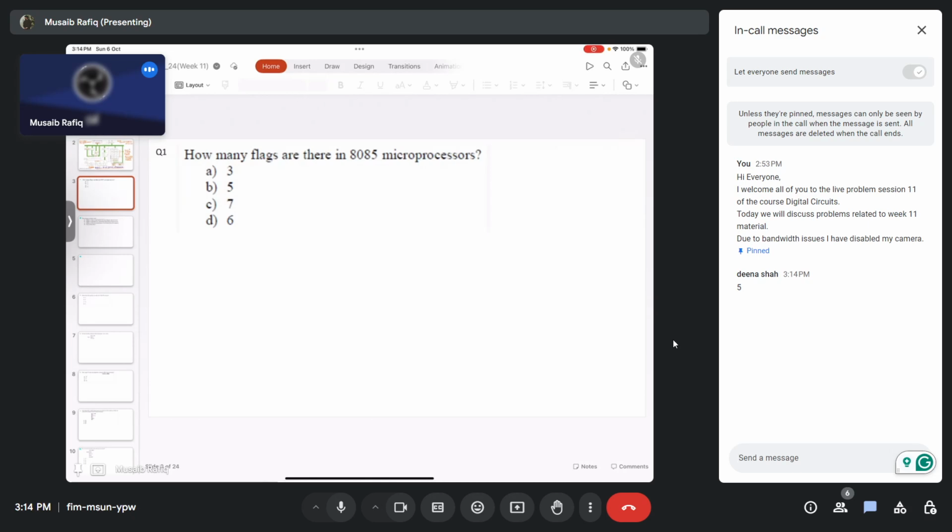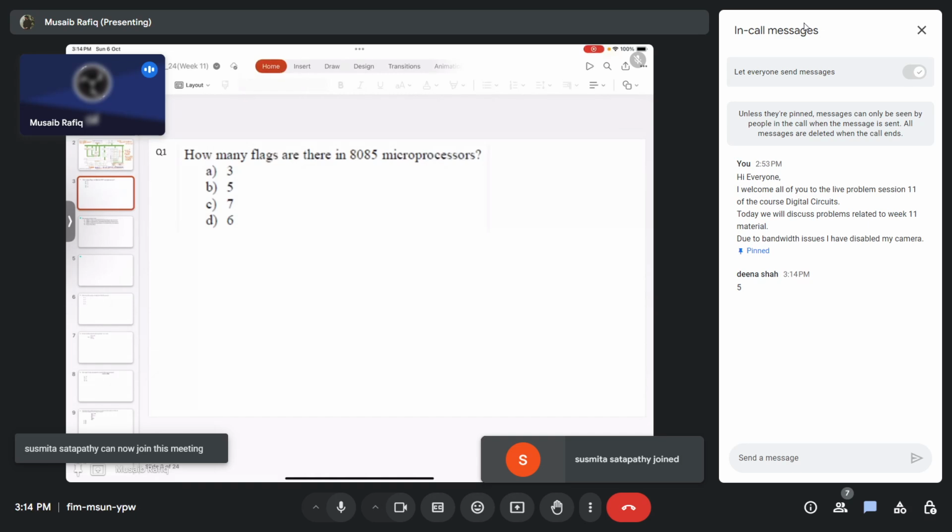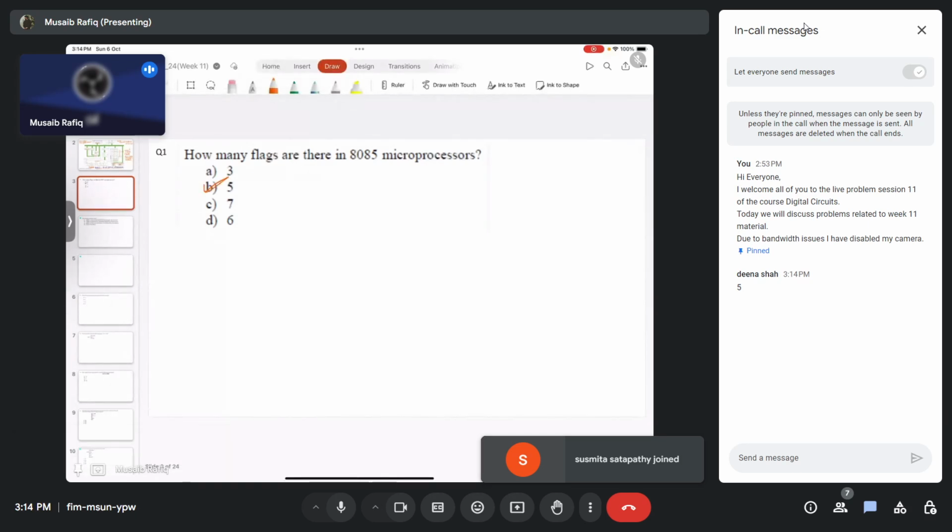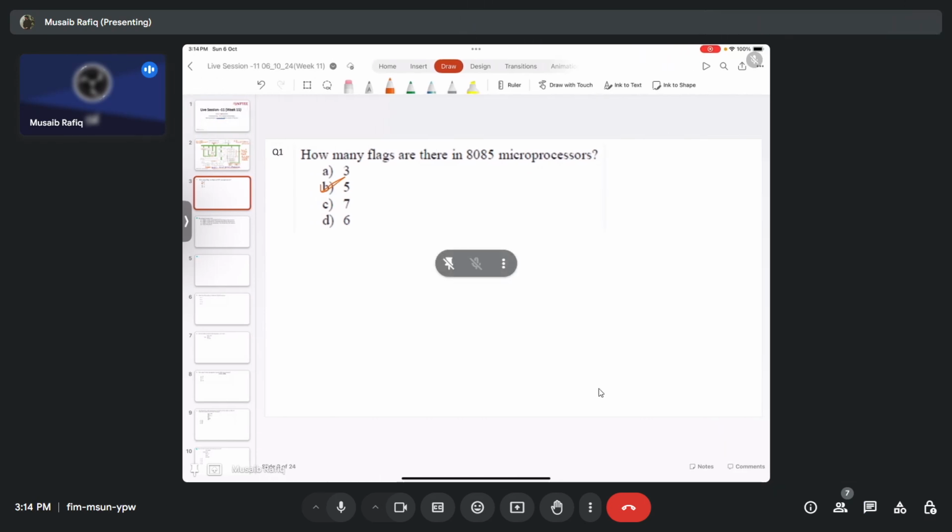As rightly pointed out, option B, that is 5, is the correct answer. Just give me a brief moment, I need to write down the attendance of today's live session. Yes, as rightly pointed out by one of the participants, option B is the correct answer.